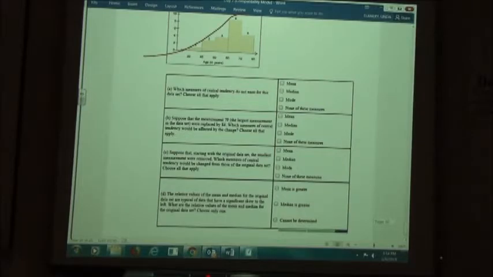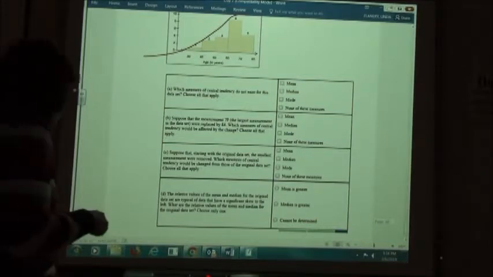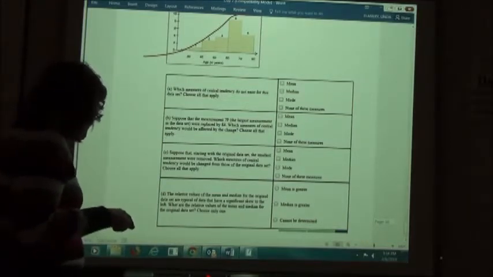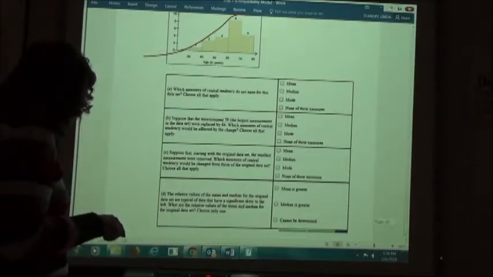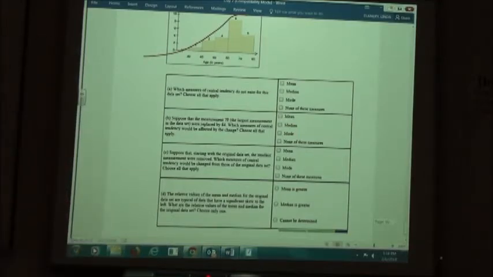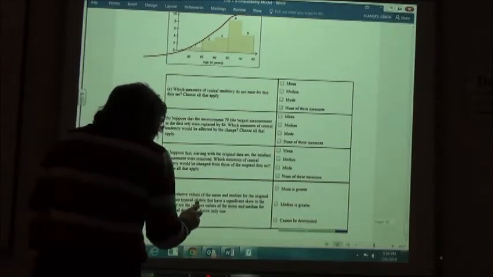I've got to read that again. The relative values of the mean and the median for the original data set are typical of data that have a skew to the left. I know I looked in the book and the book had a big chart. I remember that.